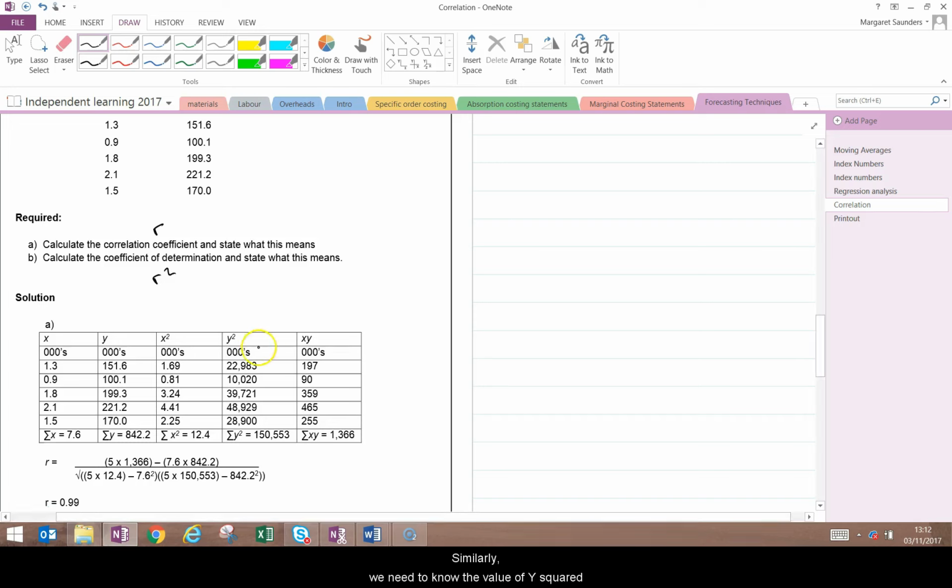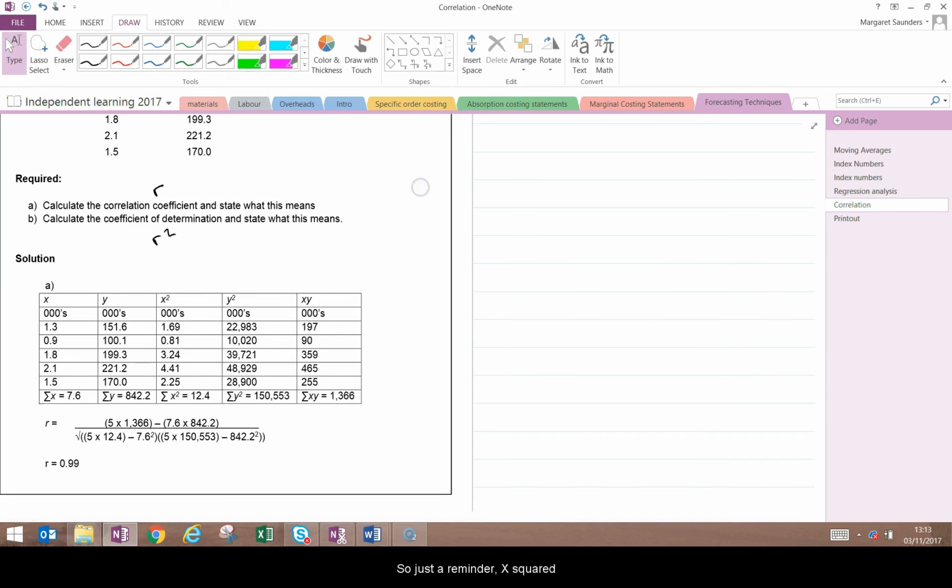Similarly, we need to know the value of y squared, and we need to know the value of xy, so x times y. You'll see that much of this is the same as we use for the regression analysis. We've just got one extra column, y squared.